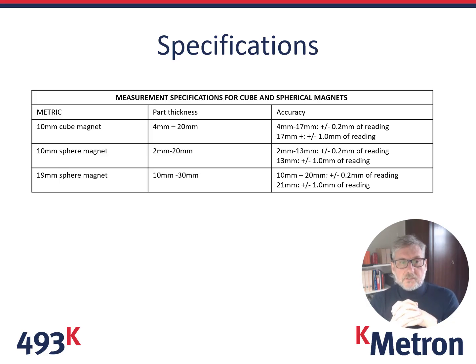The most commonly used is the 10 millimeter spherical magnet, which will measure between 2 millimeters and 20 millimeters. For any distance less than 2 millimeters, the unit can simply be recalibrated. In fact, supplied with the K-Metron is a set of calibration steps, which will allow the user to calibrate at will and renew that calibration table as needed.